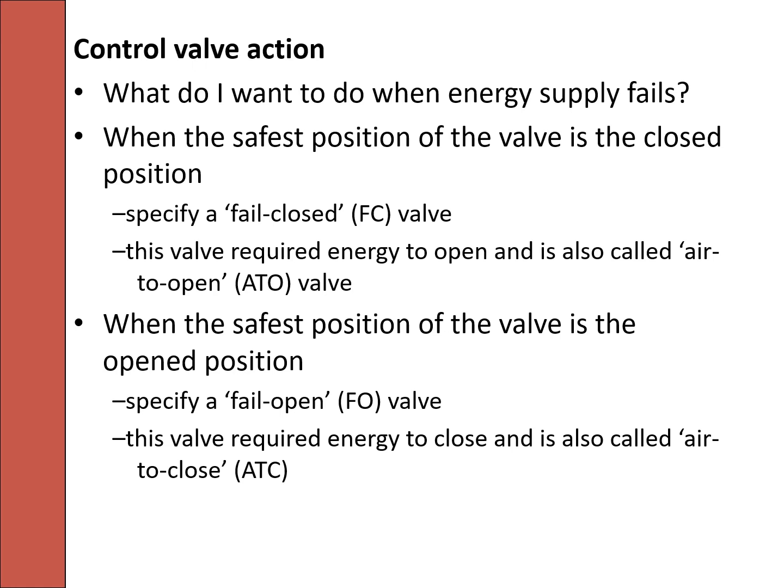Now I will explain what relates to the failure of the energy supply. We have two types, a closed position and an open position for the control valve action. The first one is when the safest position of the valve is the closed position, so we call it fail close.